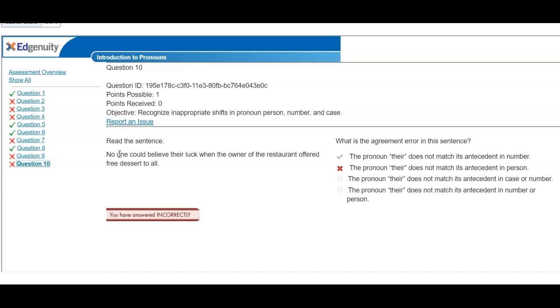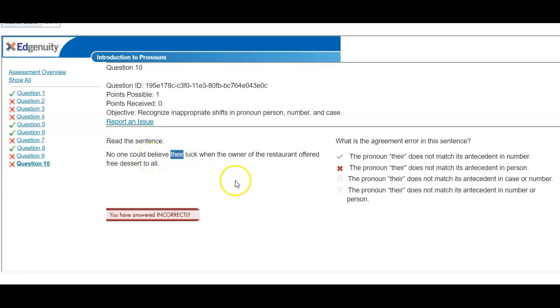We're talking about individual people here. So no one has to be thought of as each person. There is if you have a group. All right, so if you had a group of people, you can say there. If you have like singular each one, you would say no one could believe his or her luck.